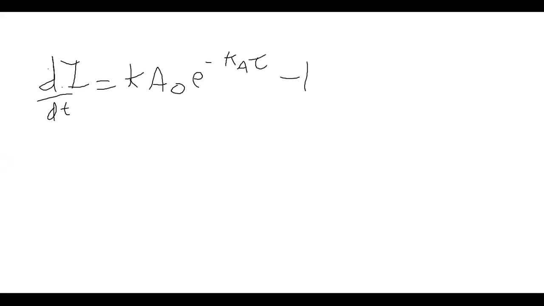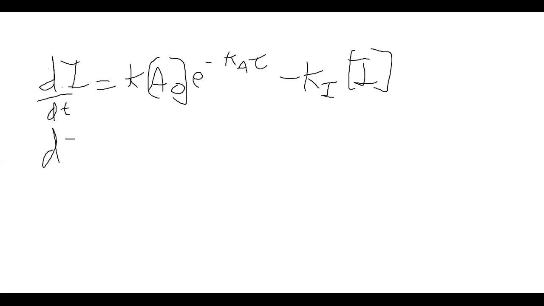I mathematically solved it. We say our starting point is dI/dt equals Ka A0 e^(-Ka t) minus Ki times the concentration I. The first thing I do is get Ki to the other side.